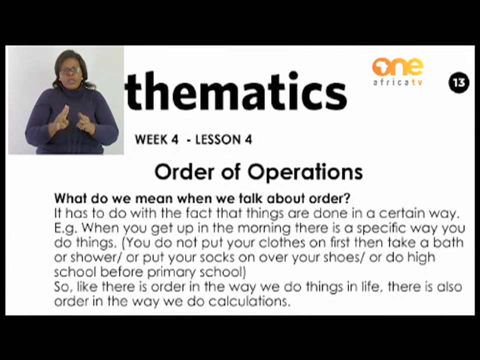You do not just put your clothes on first, then take a bath or a shower, or put your socks over your shoes, or do high school before primary school. Like there's order in the way we do things in life, there is also order in the way we do calculations.